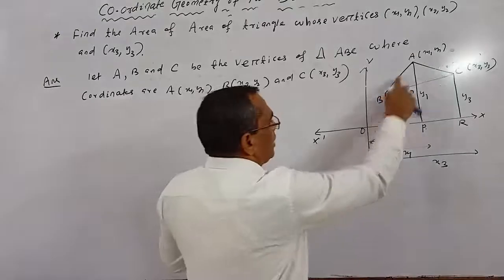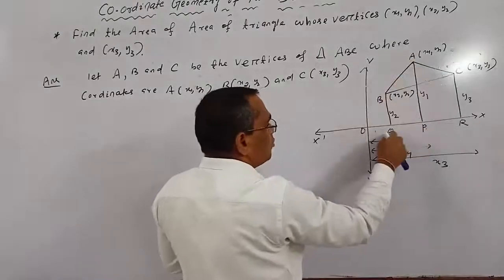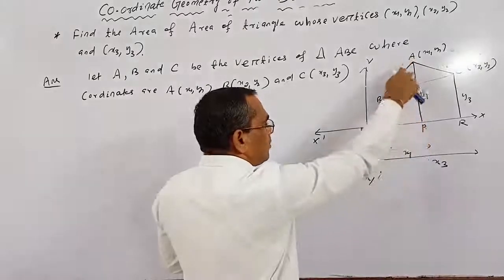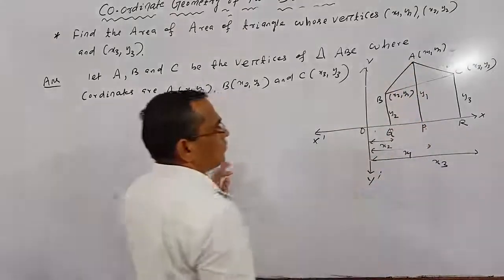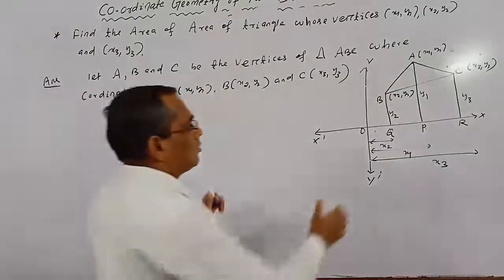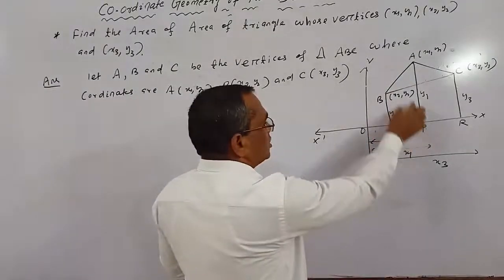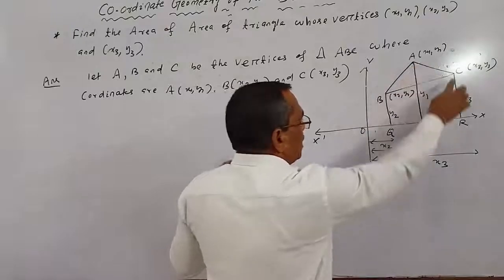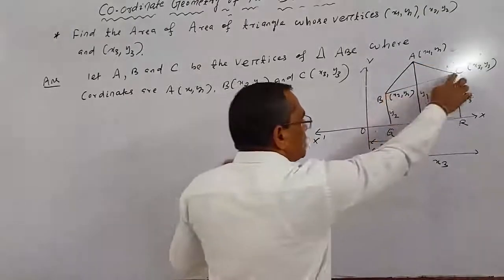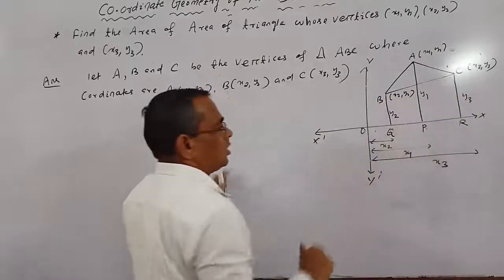So A, B, Q, P, this is a quadrilateral, means this quadrilateral must be a trapezium. This is one trapezium, and this is another trapezium, A, P, R, C, and B, C, R, Q, this is also another trapezium.